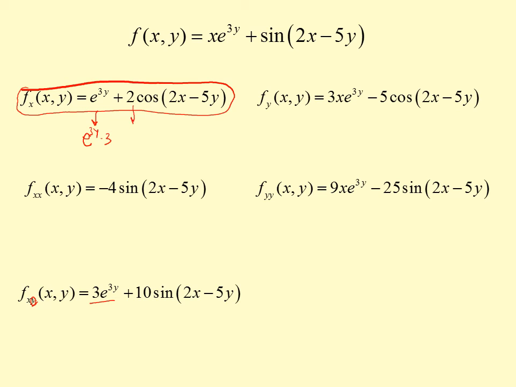If we copy down the 2, the derivative of cosine, negative sine, and then the derivative of 2x, since we're doing the derivative with respect to y, would be 0. The derivative of negative 5y would be a negative 5. So we end up with a negative and a negative, which is a positive, 10 sine 2x minus 5y.